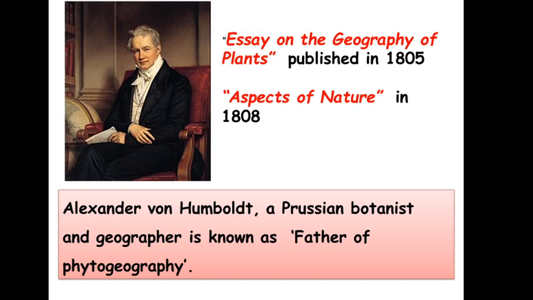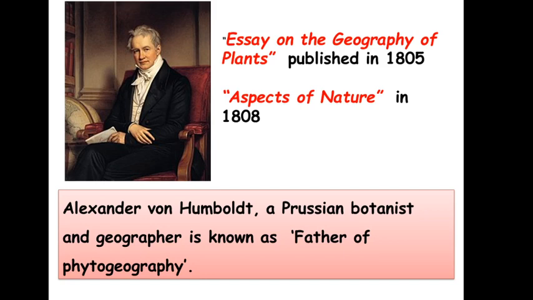Right. Now, like any other branch of science, here in phytogeography also we have a father of phytogeography. Now his name is Alexander von Humboldt. He was a Prussian botanist, so rather he was not a botanist, he was a geographer, and he was a naturalist, and he was an explorer. He explored extensively almost 4 different continents. He conducted studies on different aspects of science, not only in botany.